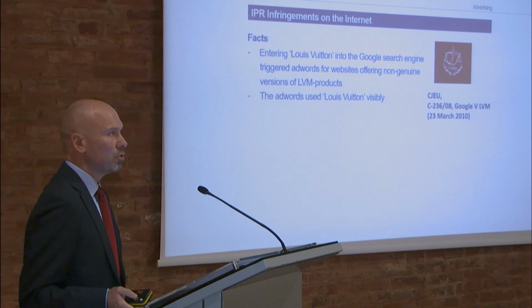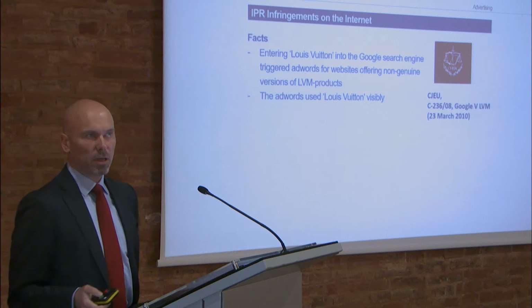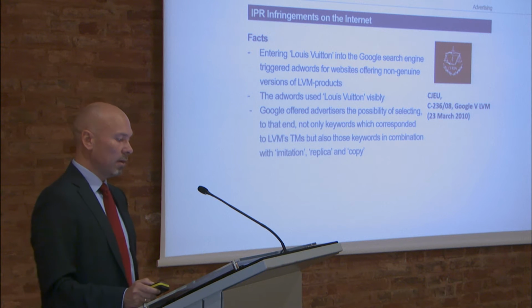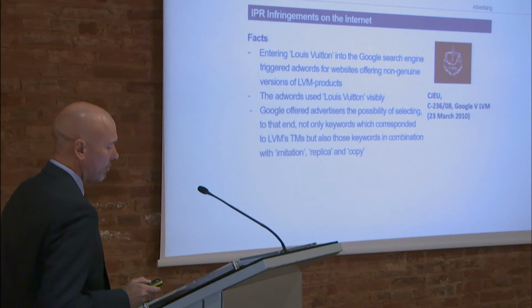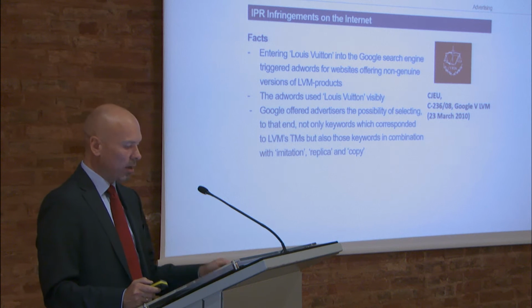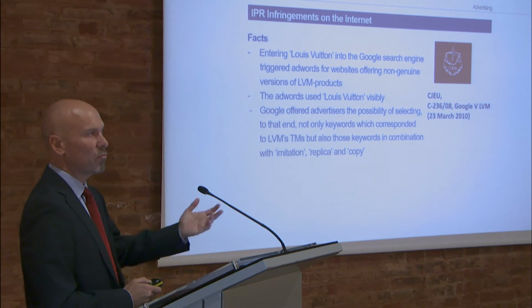The AdWords used Louis Vuitton visibly in the advertising. And there was the opportunity for advertisers to combine the words Louis Vuitton, the protected trademark, with words like imitation, replica, and copy.